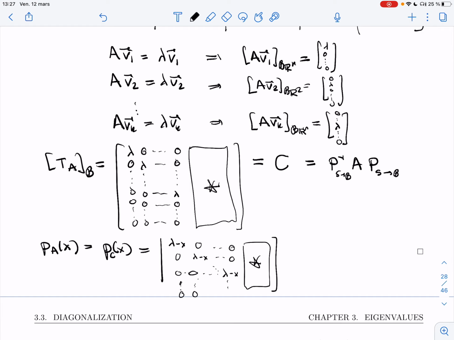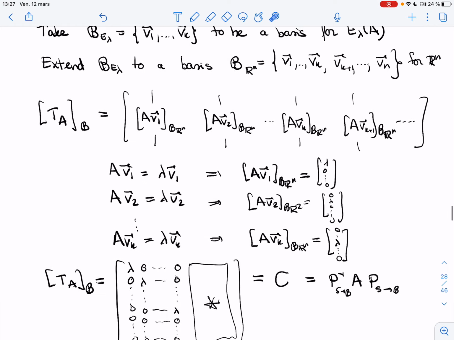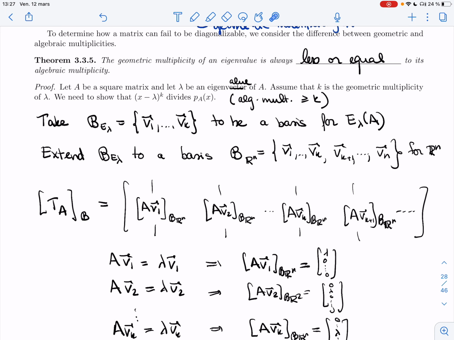When I expand on the first column, on the second column, on the third column, on the fourth, I'm going to get (lambda minus x)^k times some determinant of whatever the bottom part here is. But that means that (lambda minus x)^k does divide p_A(x). And that's what we needed to show.